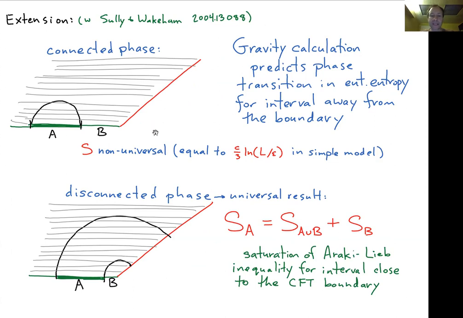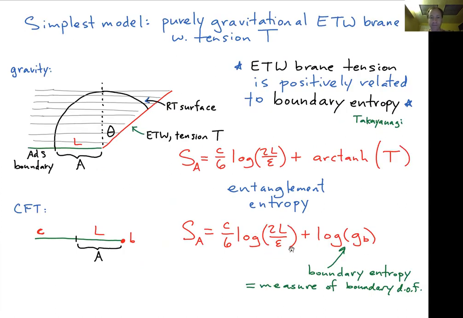But one of the interesting points is that in this channel, the answer is actually universal, even if the bulk is complicated. In this channel, the answer for the entanglement entropy of this interval is equal to the entropy for this one plus the entropy of this one, and those had a universal form.